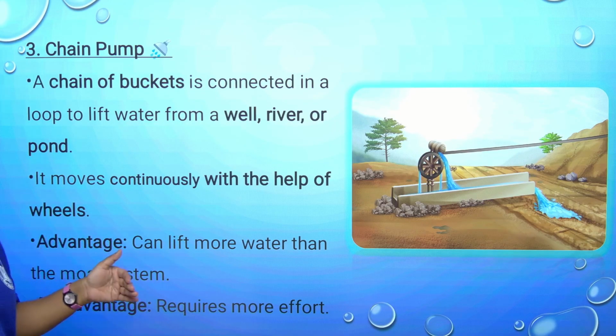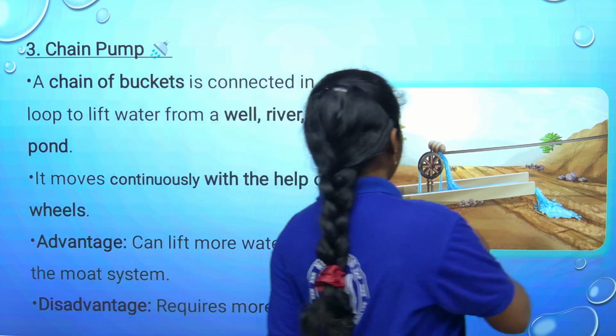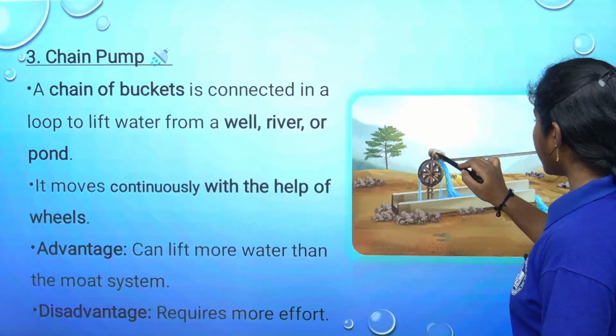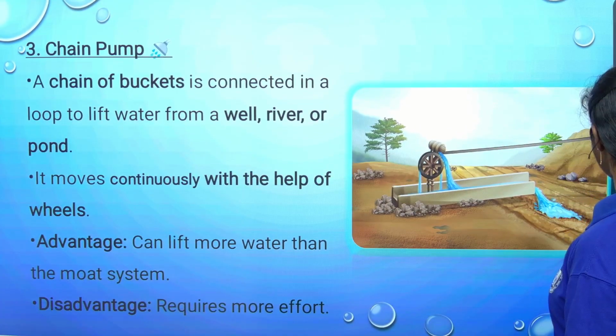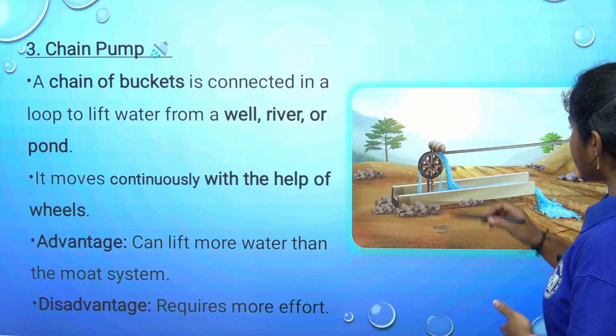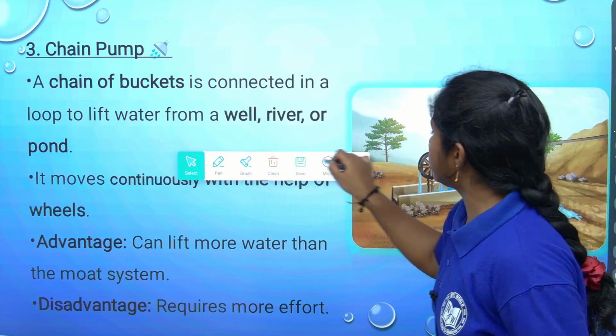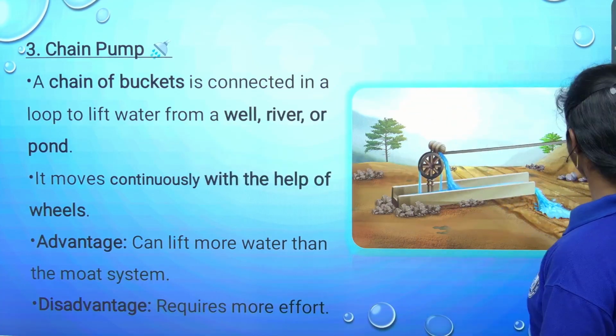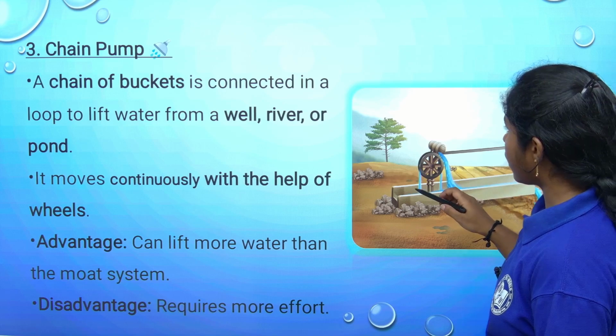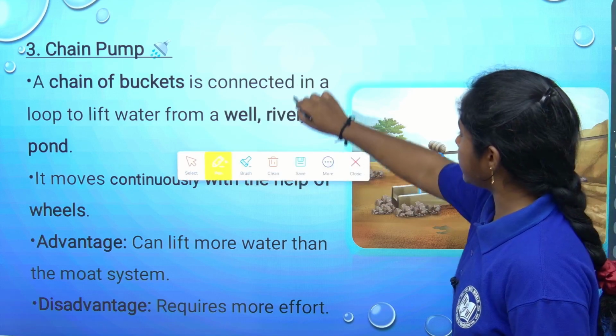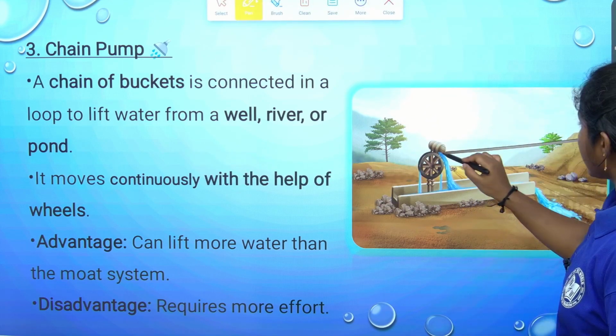What is meant by the chain pump system? See here, this is the wheel, right children, and two buckets are placed. This is one bucket, right children? See, this is the bucket.